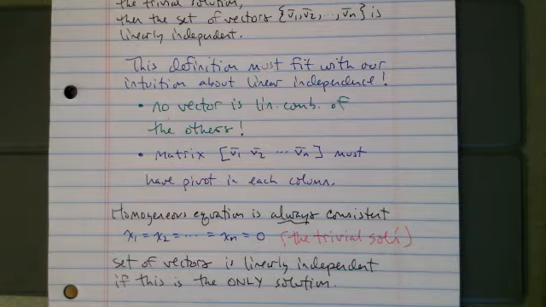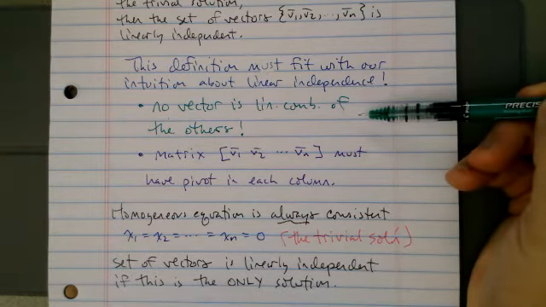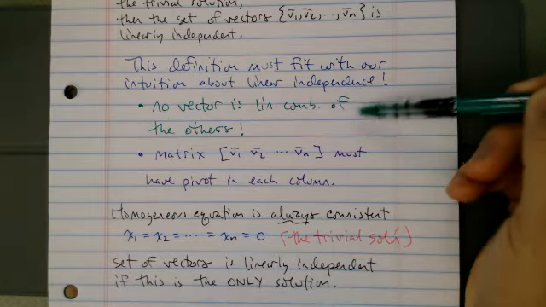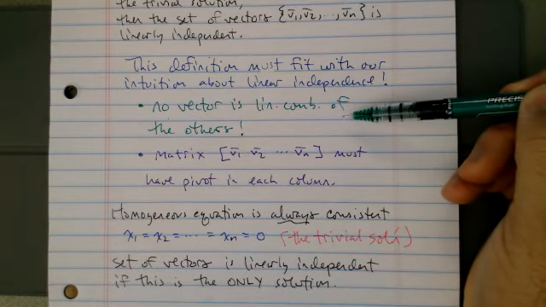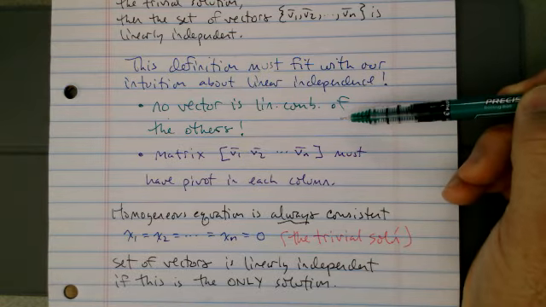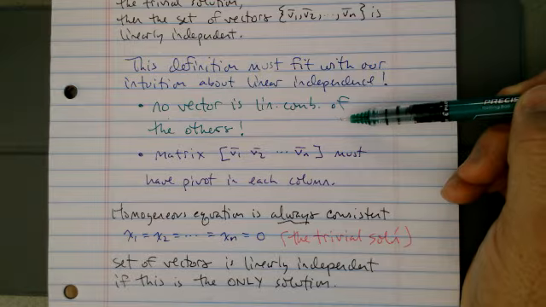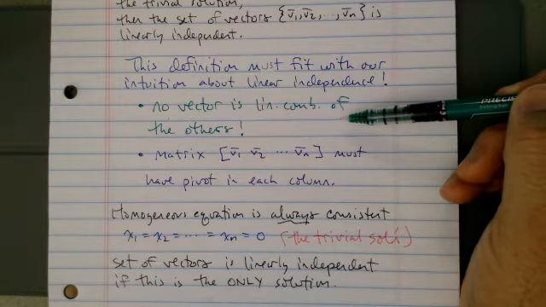All right, so that's what has to happen. Those are our characterizations of linearly independent sets. The two that I stated under the intuition category, we want to think of it as no vector is a linear combination of the others. Because if one of the vectors is a linear combination of the others, I don't want that vector in my set.